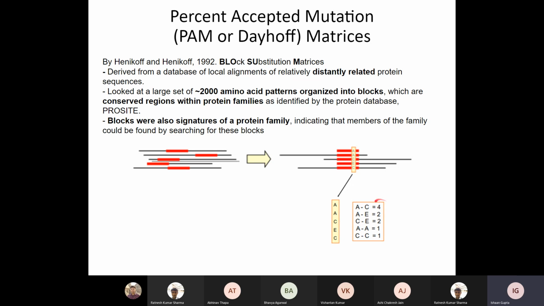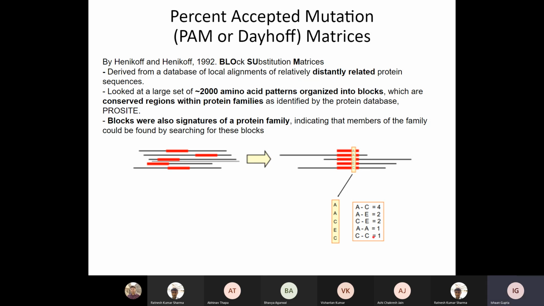So there are 4 pairs of transitions from A to C. Similarly, there are two transitions from two A's to an E, two transitions from a C to an E because there are two C's, and there is one transition from A to A and one transition from C to C.